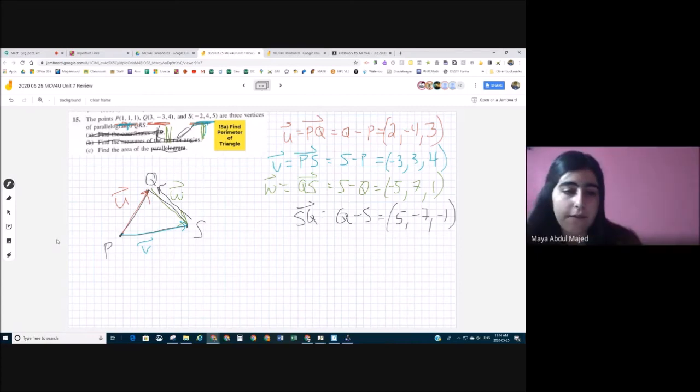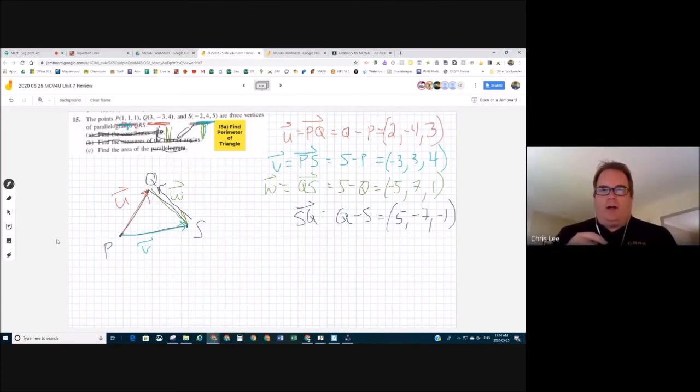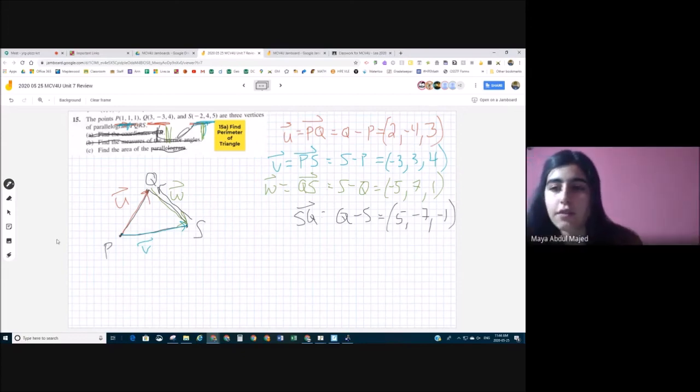So like for the first part, we could literally go PQ, QS, SP. Absolutely. Yes. Now, when we get to the second part, you're going to see why I chose two vectors coming from the same point. Oh, because then you don't have to do the work twice later on for part B. Exactly.